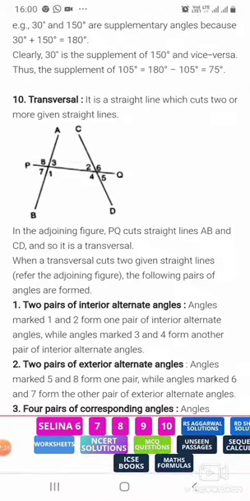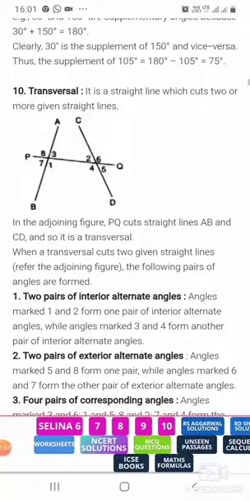You can see four angles formed at one point, where PQ intersects AB, which we can label 1, 3, 7, 8. We are just taking numbers here to measure the angles. 1, 3, 7, 8 are the four angles formed on AB because of the PQ transversal, and because of the PQ transversal on CD we got 2, 4, 6, 5. So let us understand about this.